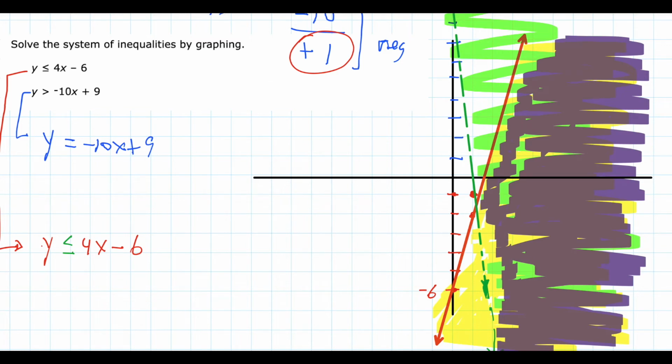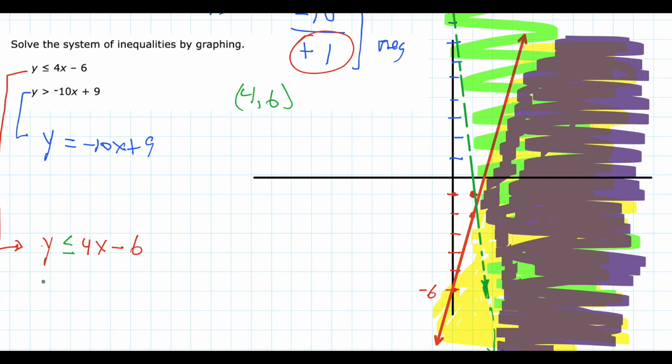Okay? And just so you can get an idea of what you're doing, pick a point in there, just a coordinate, something comma something. 4, 6. All right, let's see if 4, 6 makes this true and also makes this true. We'll start with the one down here.